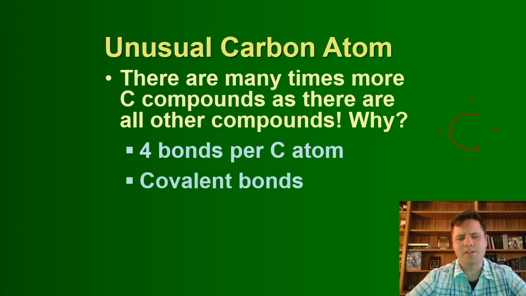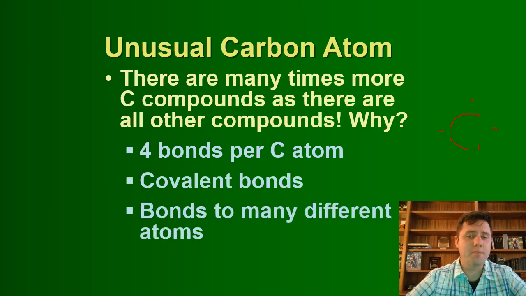And because of its electron affinity, it creates a lot of covalent bonds, and it bonds to many different atoms, including other carbon atoms. So carbon likes to bond with other carbons, but it also likes to bond with other atoms, which makes it uniquely able to form very complex molecules, as you will see.